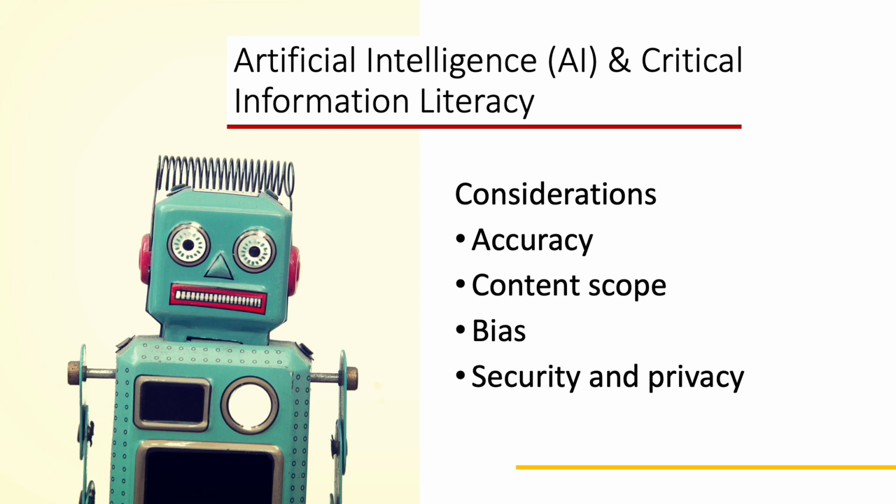Another thing to think about with content scope is the knowledge cutoff date. So how far back does the data go, and also how far forward does the data go? For example, ChatGPT 3.5, which is the free version, has a knowledge cutoff date of January 2022. So it draws from information from January 2022 and back.